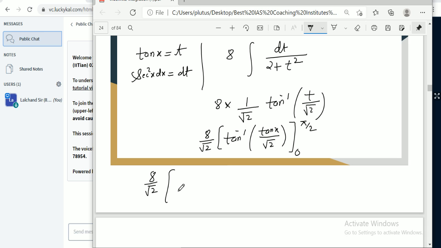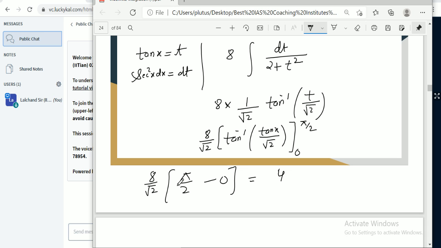So what is the final answer after solving this limit? Can anyone tell me? If you put pi by 2, tan pi by 2 is not defined, so tan inverse of infinity will be pi by 2, I think. Okay, so that will be pi by 2, and tan 0 is 0, tan inverse 0 is 0. So finally we have 8 upon root 2 into pi by 2.